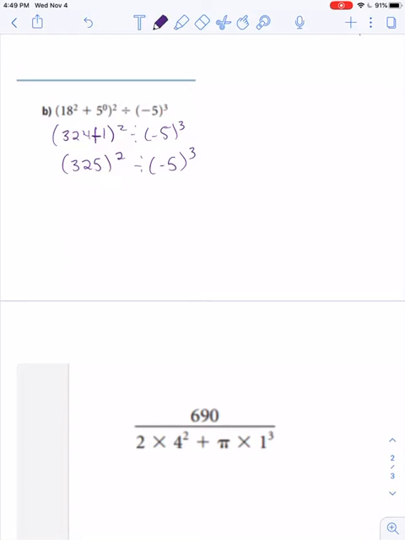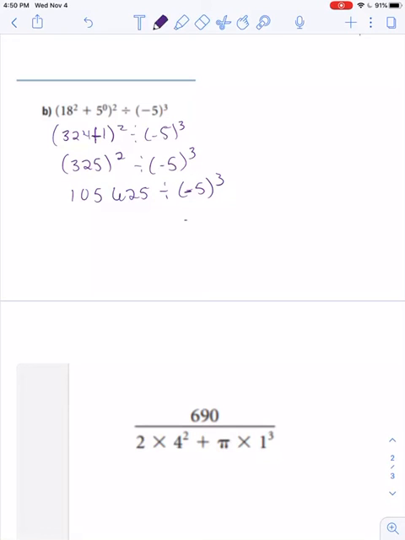So now we need to do our exponents. 325 to the power of 2 would give us 105,625, divided by negative 5 to the power of 3. So now we have another exponent, and our exponent is an uneven number, and we do have a negative.